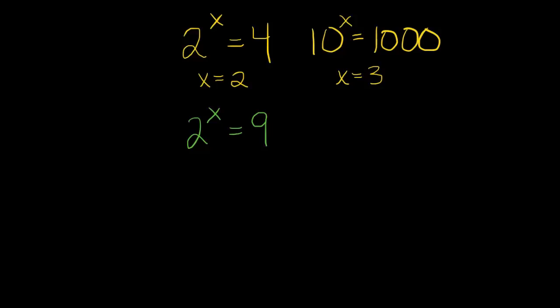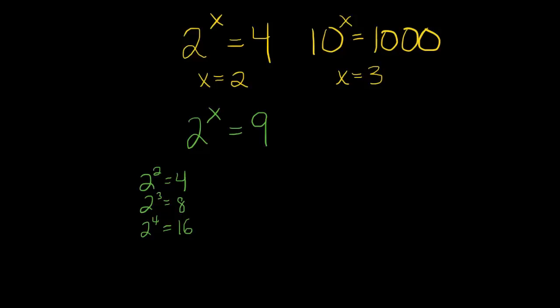Now you might not know what the answer is. You might be able to guess what it is. Let's think about this. You know that 2 squared is 4, 2 cubed is 8. You might have to think about this one a little bit. 2 to the 4th, that's 16. So look at that. We know what all of the powers of 2 are up until 16.